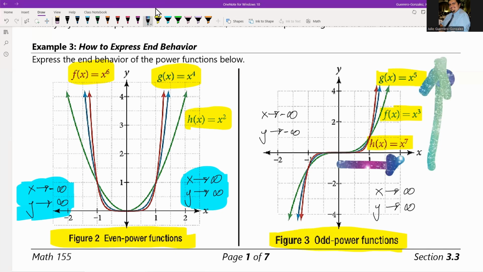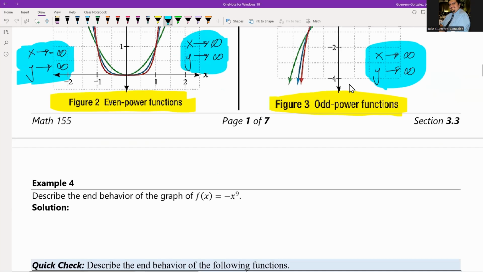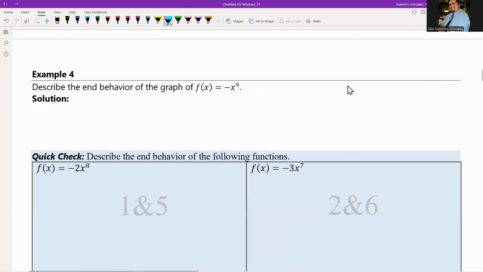This is how we write down the end behaviors for our power functions, and this is going to be pretty important, as you're going to see in a second. So, as an example, let me take this example right here.